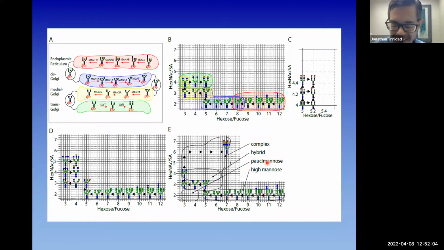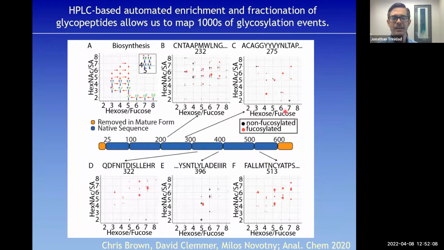But if this is just a map, it's not the kind of cool application. The cool application would be plotting out the quantitative data, which we've done here. So each of these dots corresponds to a given glycoform on that particular peptide. So here's just an example of a protein with 5 different glycosylation sites. Each of these dots represents a glycoform we identified and quantified, plotted out in relation to its biosynthetic neighbors.